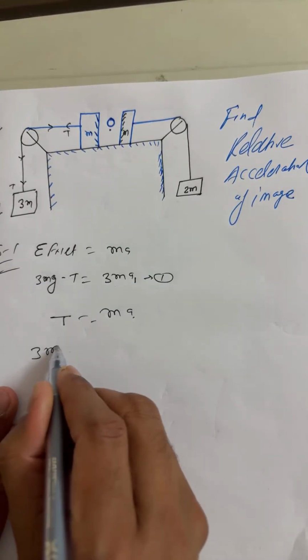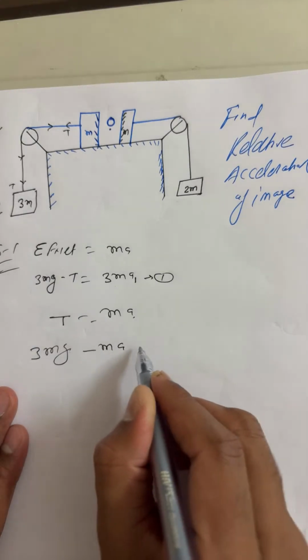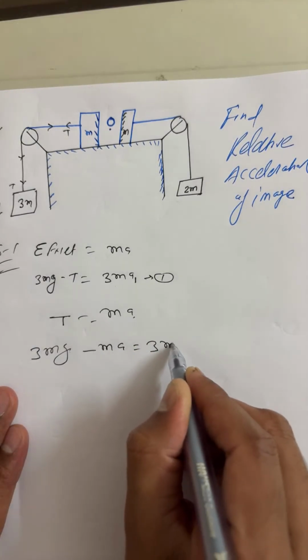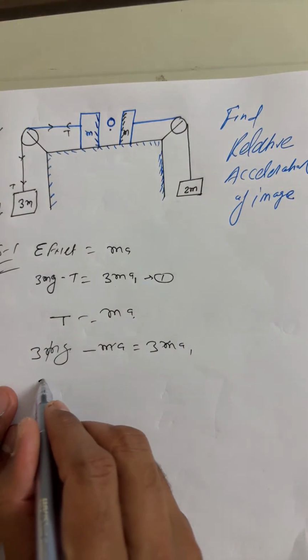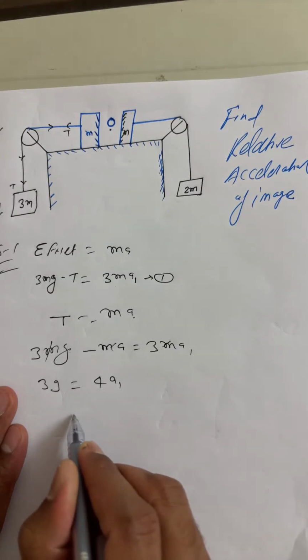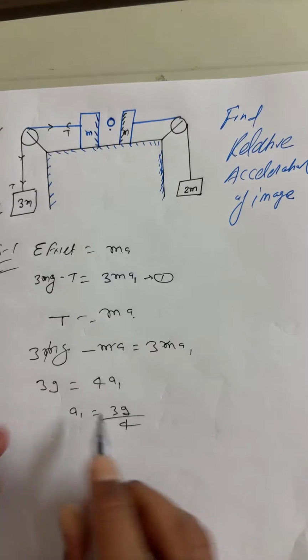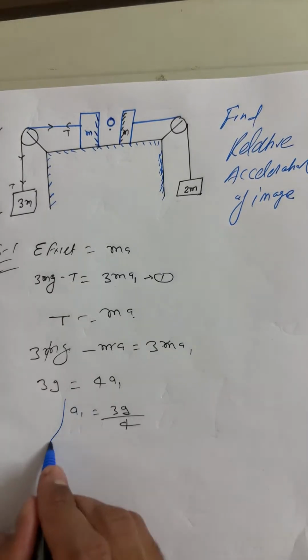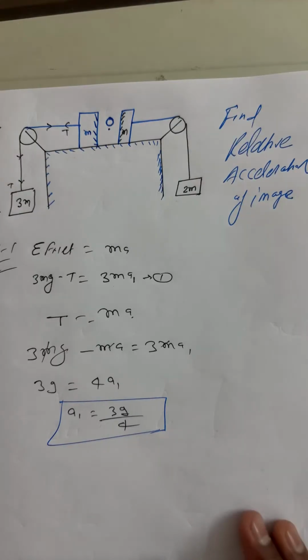So 3mg minus ma1 is equal to 3ma1. M cancels everywhere. So we can write 3g is equal to 4a1, so a1 is equal to 3g by 4.